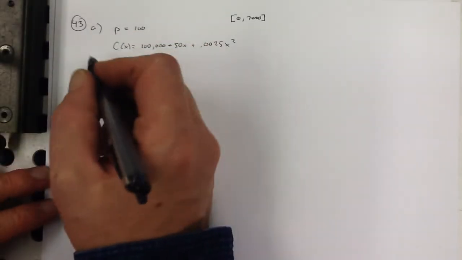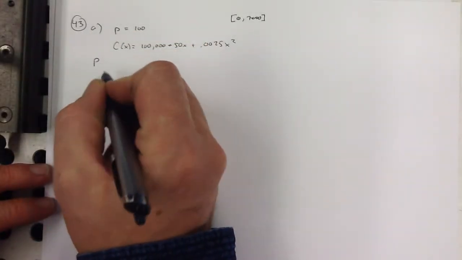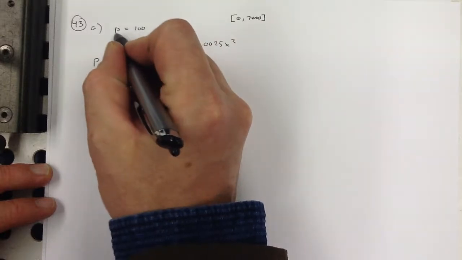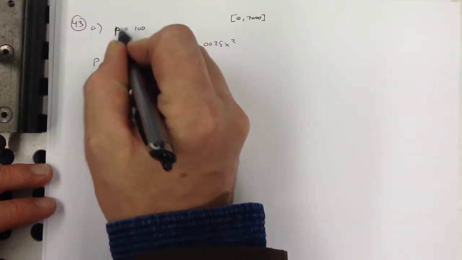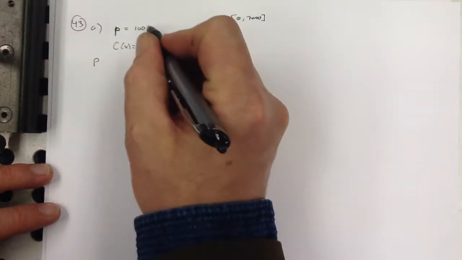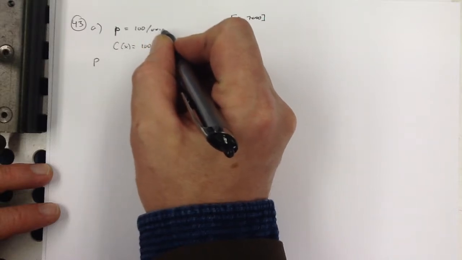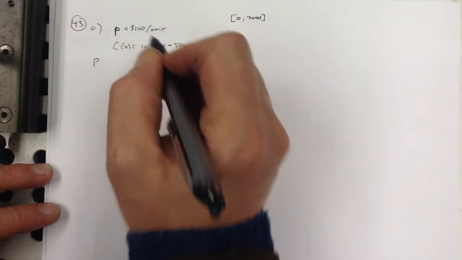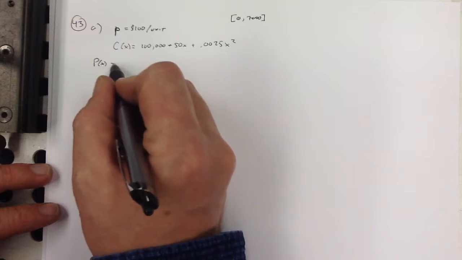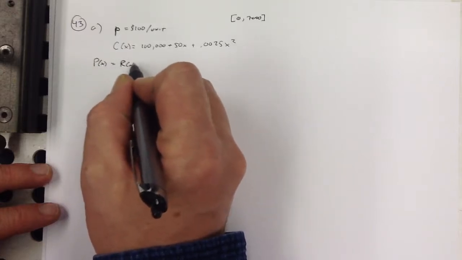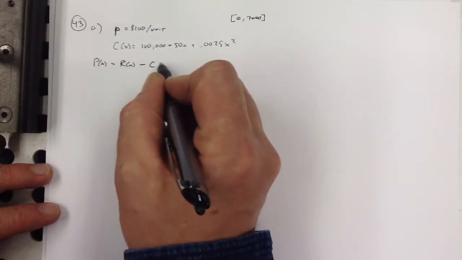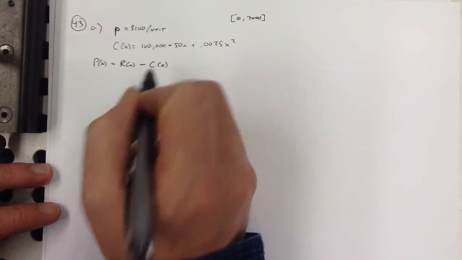All right, well, a general principle of economics: the lowercase p here is just the price for 1 unit. So your profit is your revenue, how much money you're bringing in, minus cost, how much it costs you to make them. Right?